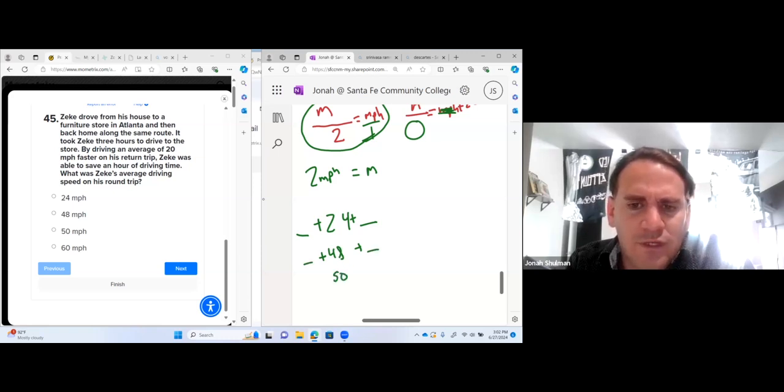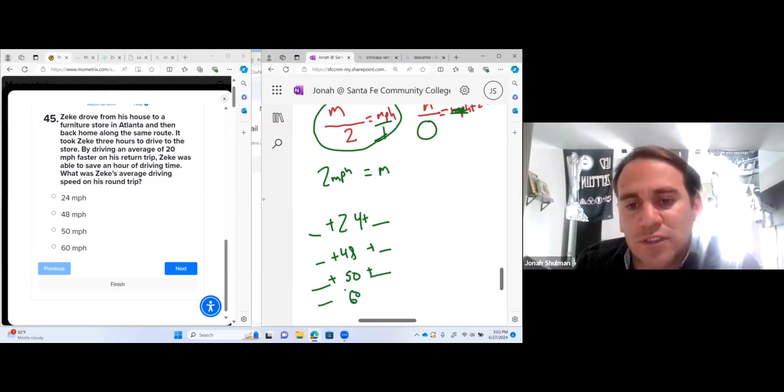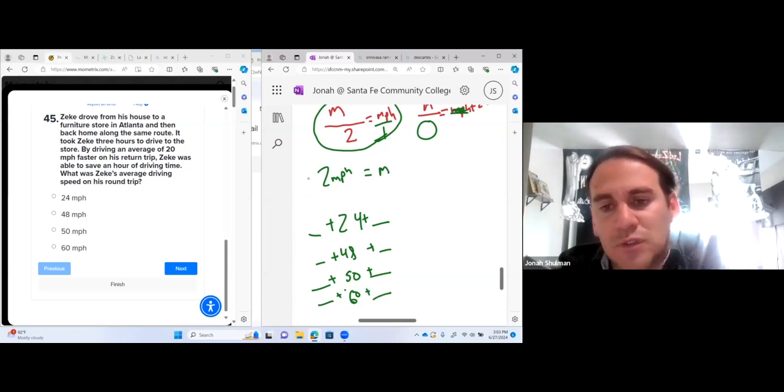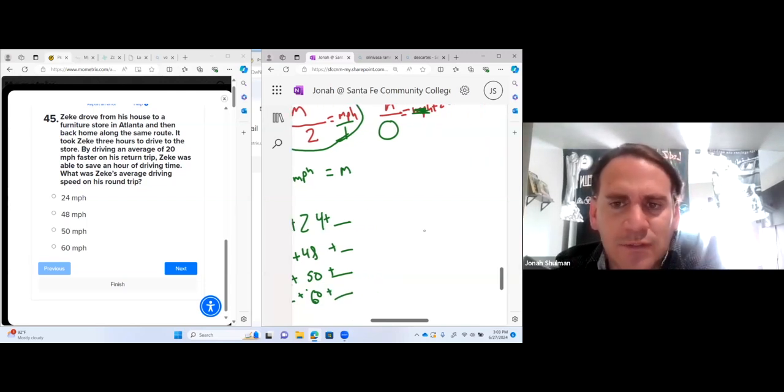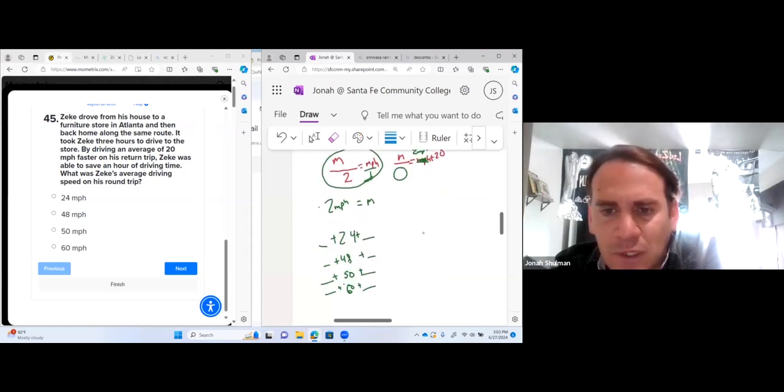We have 50. And we have 60. Okay, cool. So you could always use your answer choices if you want to. This is another way to do these problems. You can let your answer choices be your friends. I haven't seen any of these before, but usually they're just like regular math questions.